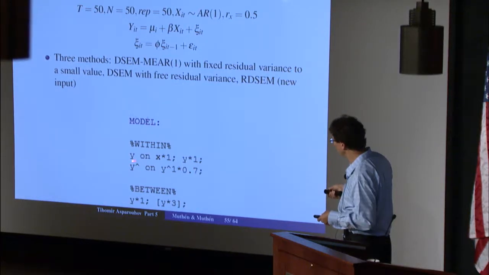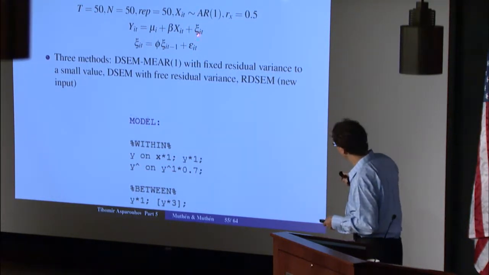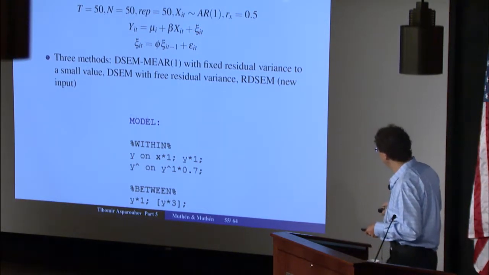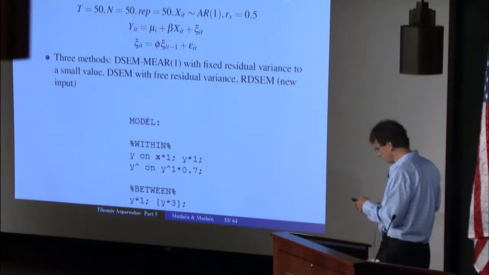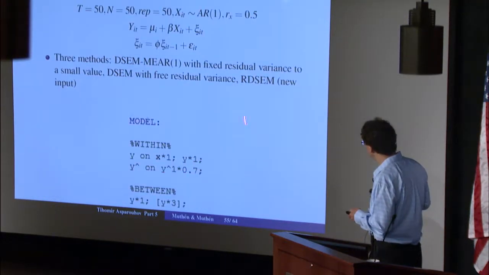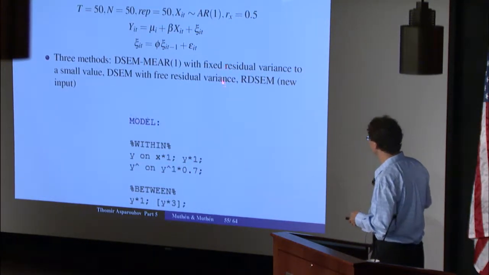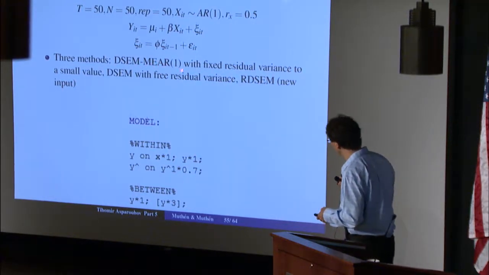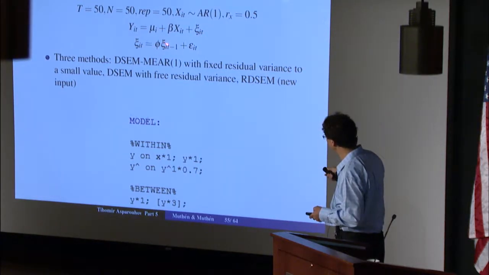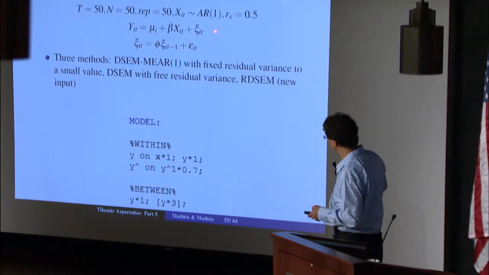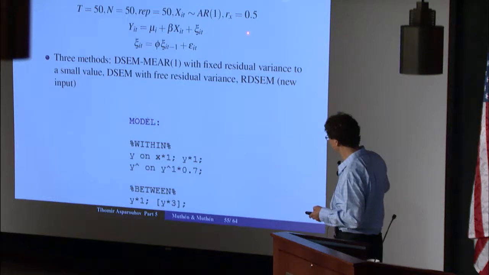And y hat basically represents the residual of y. So this is the DSEM language. And you can also estimate this model using the MIR1 model, using the DSEM framework, converting this residual to a factor, and then adding another residual here that's fixed to 0.